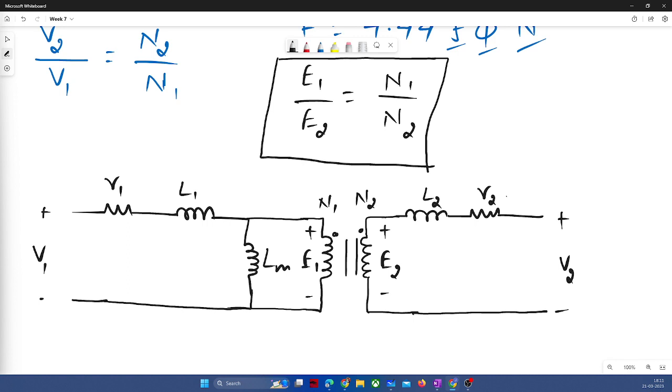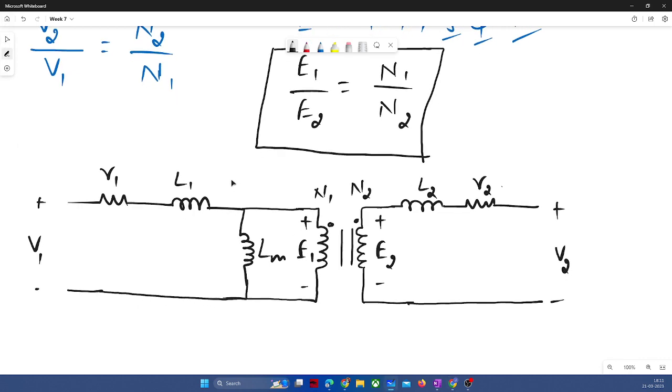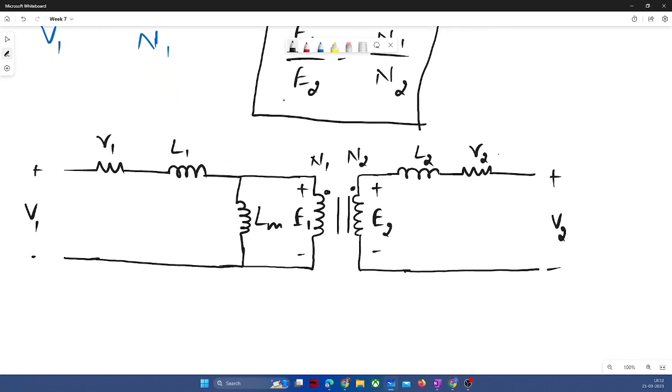So let me tell you in terms of currents as well or parameters, then it will be more clear. Sir, you said this LM is directly connected with the permeability of the core. Yes, in an ideal transformer, we say the relative permeability is infinite.